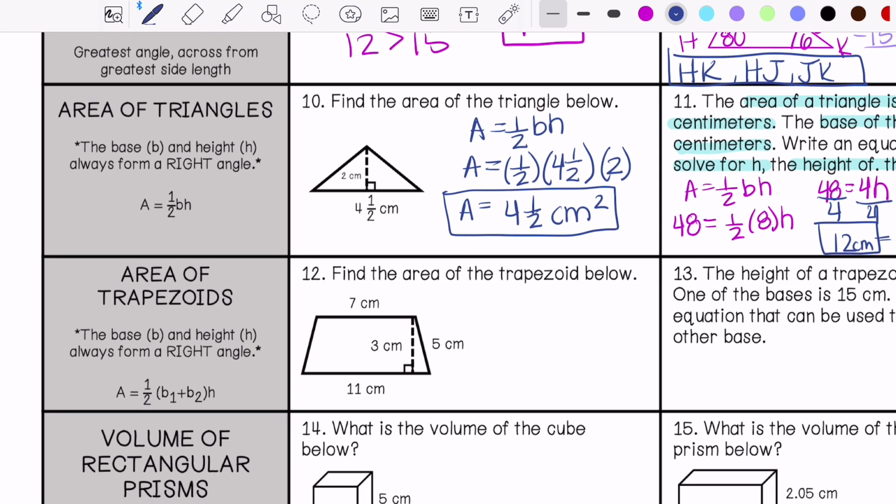Area of trapezoids. So my formula is area equals 1/2 base 1 plus base 2 times height. Remember, the bases have to form a right angle with the height. So we need to make sure we're using the correct numbers. It says find the area. So this is my height. These are my bases. I ignore this. This is extra information.